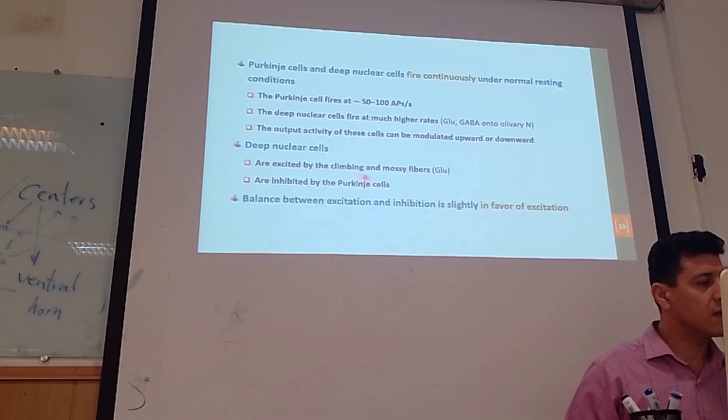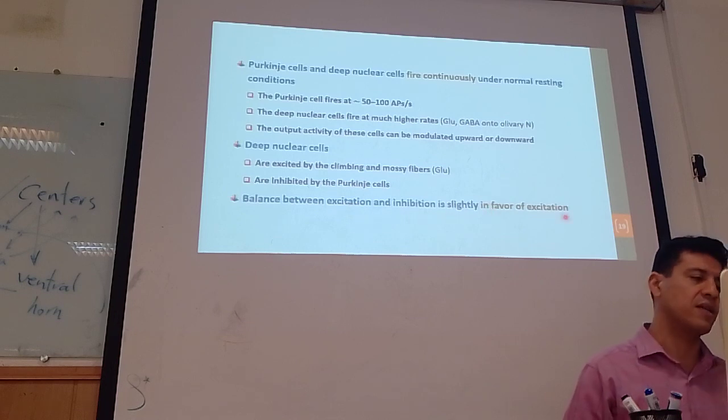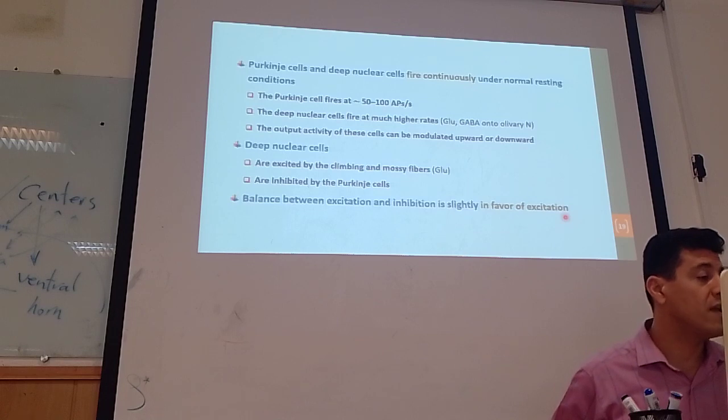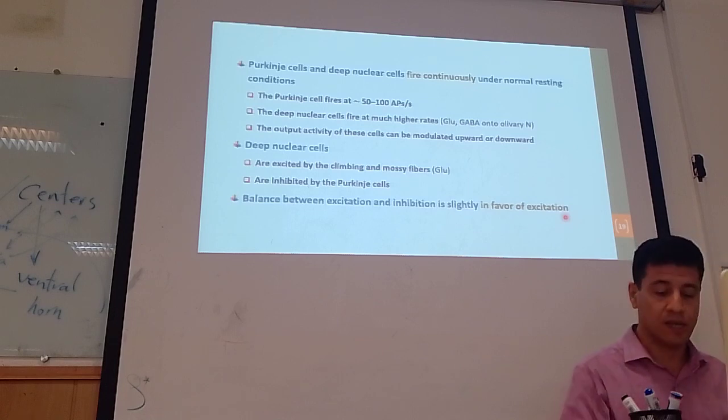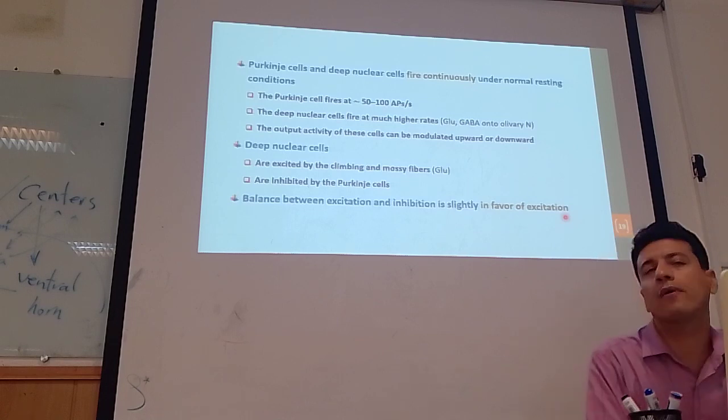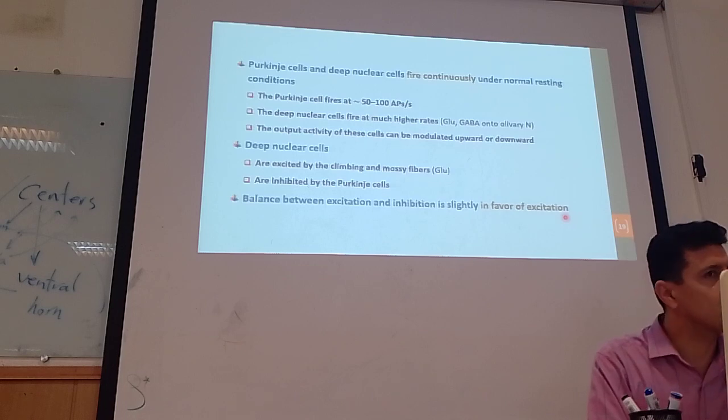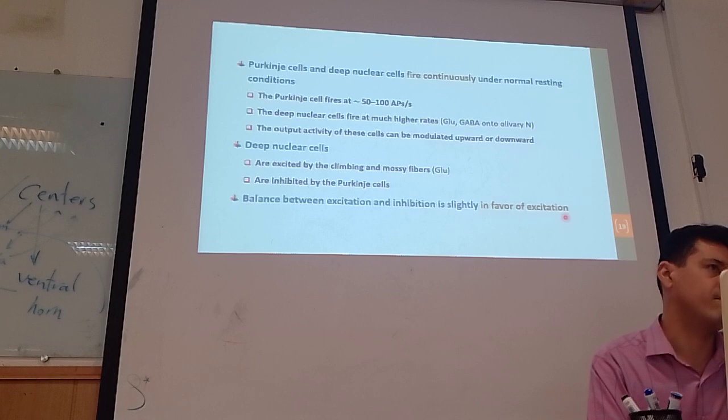Deep nuclear cells are excited by climbing fibers and mossy fibers because they release glutamate. They are inhibited by Purkinje cells, which release GABA. There is a balance between excitation and inhibition, which is slightly in favor of excitation. So that's why you always have activation in the deep nuclear cells. So, in the resting state, deep nuclear cells keep activating the output targets.